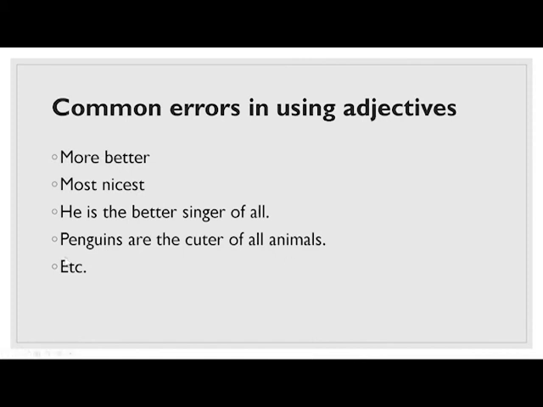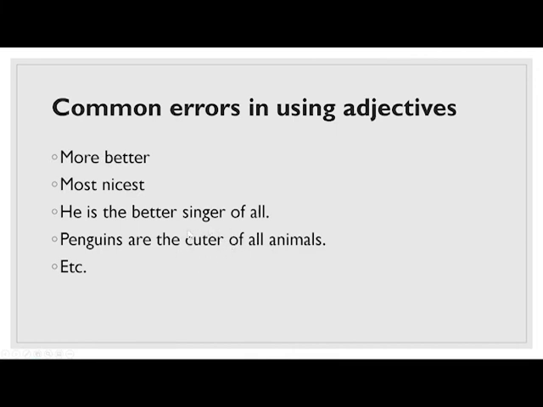And penguins are the cuter of all animals. Here, you can guess that the incorrect adjective is the cuter. Because we have compared penguins to all of the animals, so it's not two animals, we have to use the superlative form of it.